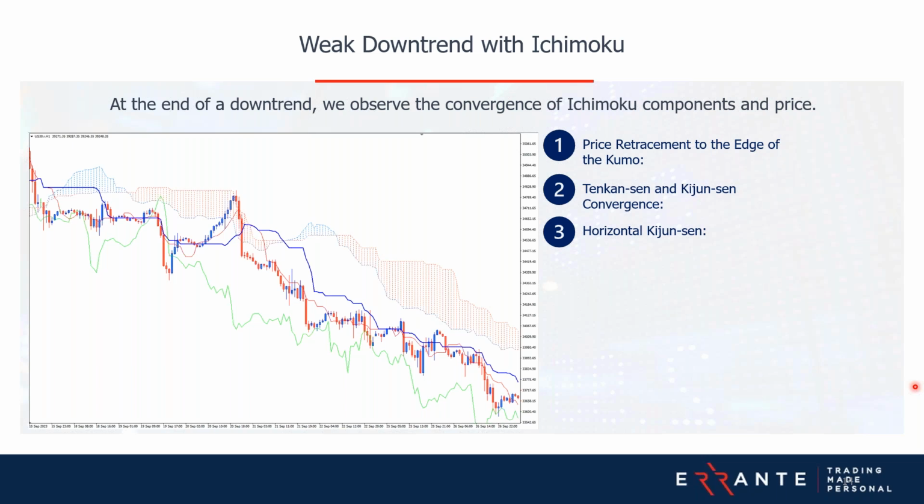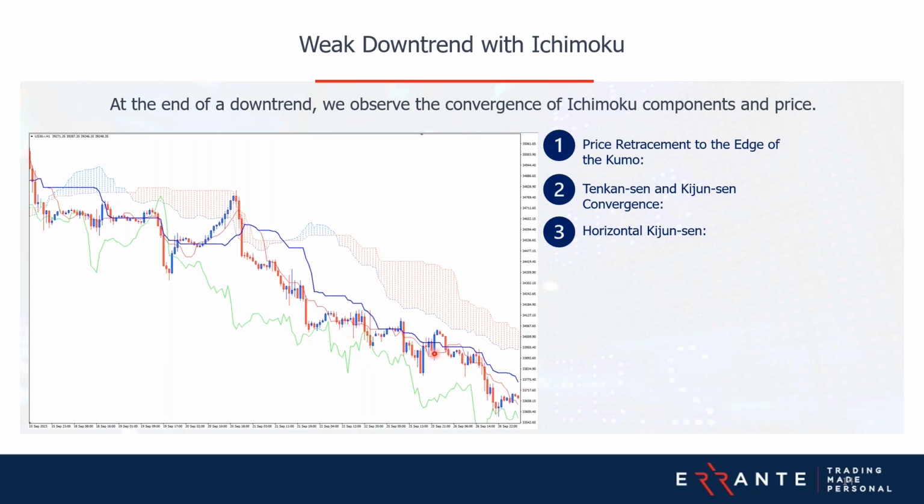However, we know it serves as a strong resistance level during a downtrend. So when the Kijun-sen flattens out, it signifies that the market is stabilizing after a period of downward movement. This can be a precursor to a trend reversal if the price fails to maintain below this level.